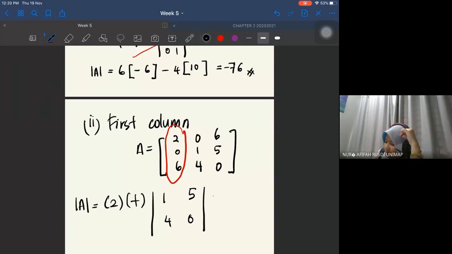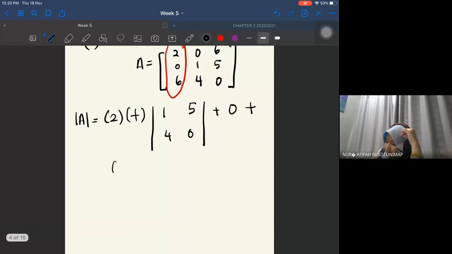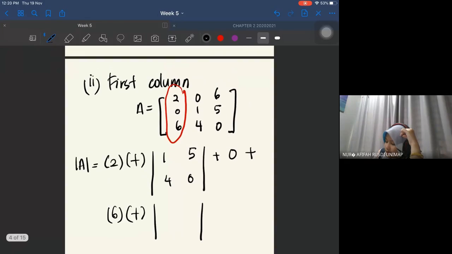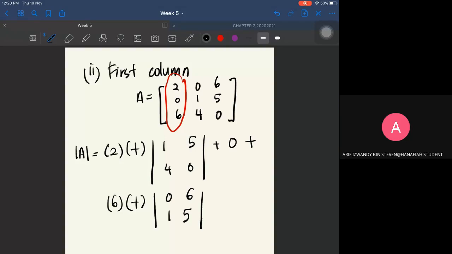The second value is 0, so you can just proceed with the third one. So plus 6, the symbol is plus, so you will have 0, 6, 1, 5. Dapat tak macam ni? Dapat. Okay. So if you solve this one, you should get the answer is the same, negative 76.